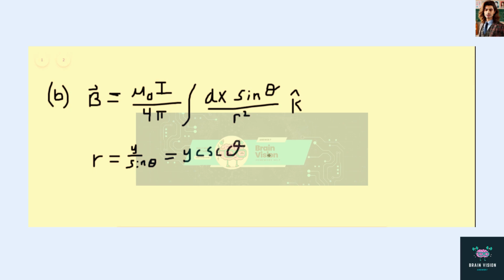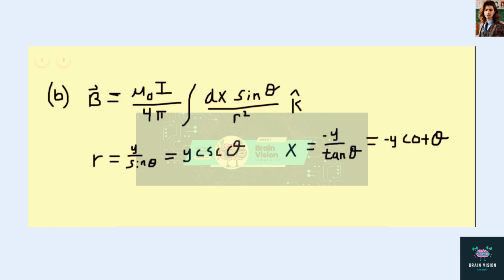And from your trigonometric identity, x is equal to negative y over the tangent of theta, because tangent is opposite over adjacent. So this is equal to negative y times the cotangent of theta, because 1 over the tangent of theta is the cotangent of theta.